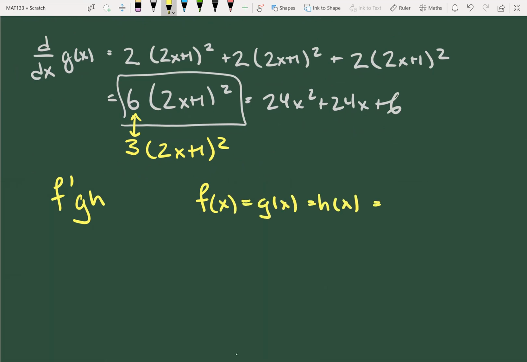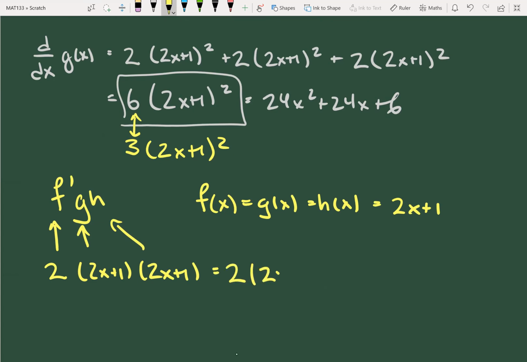They're all 2x plus 1. So f prime is 2, g is 2x plus 1, and h is also 2x plus 1, right? So that's 2 times (2x plus 1) squared. So does that make sense, Caleb?